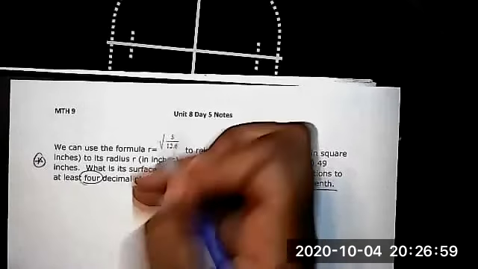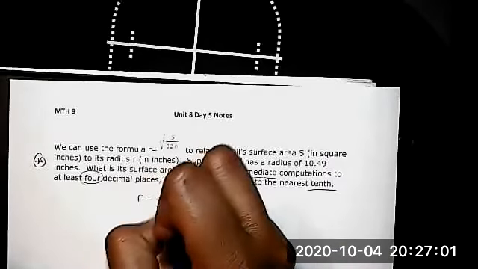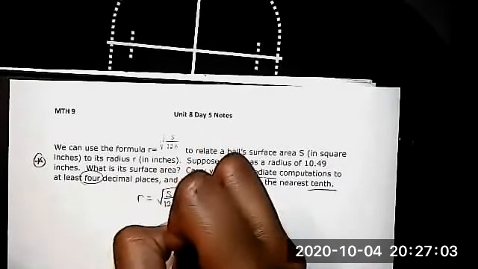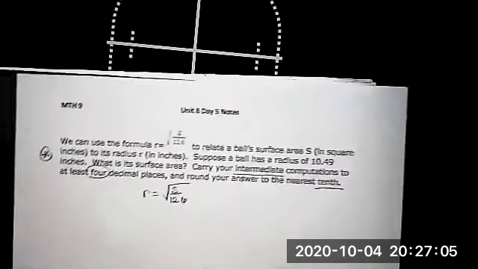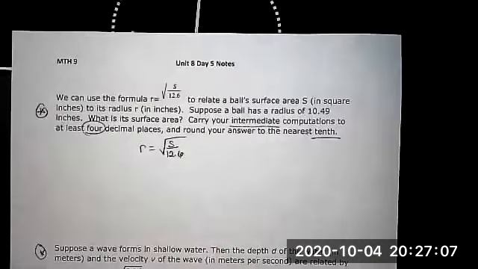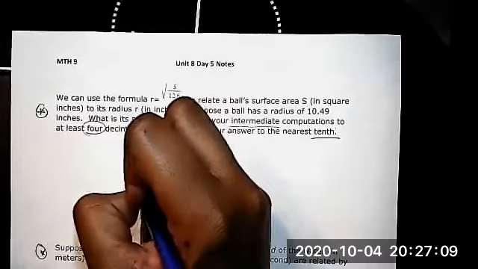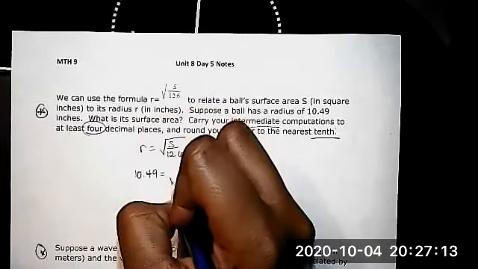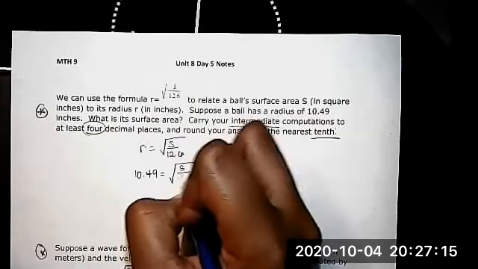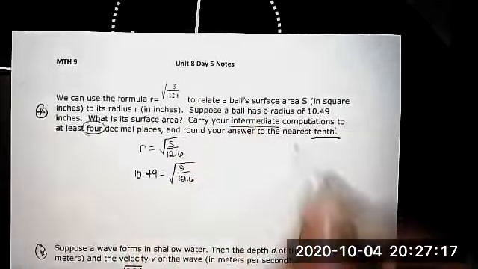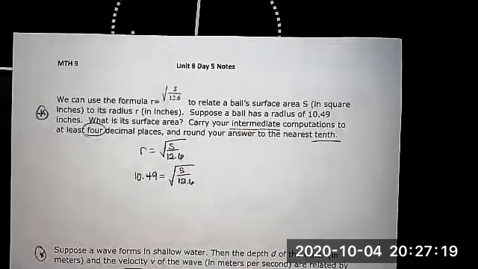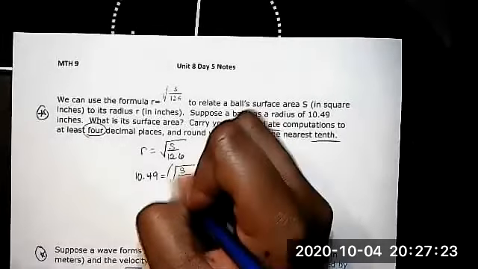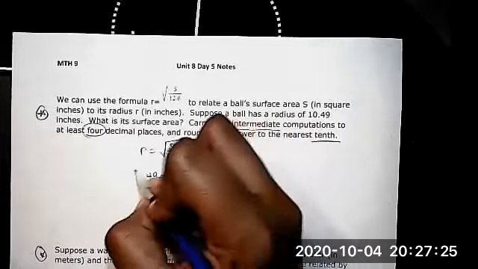Okay, first and foremost, you have the formula R equals the square root of S over 12.6. They actually give you now the radius of 10.49, and we need to know how to find the surface area. Okay, so we have all of that information. We don't know S. So first and foremost, if we're trying to get S, we know we have to square that.